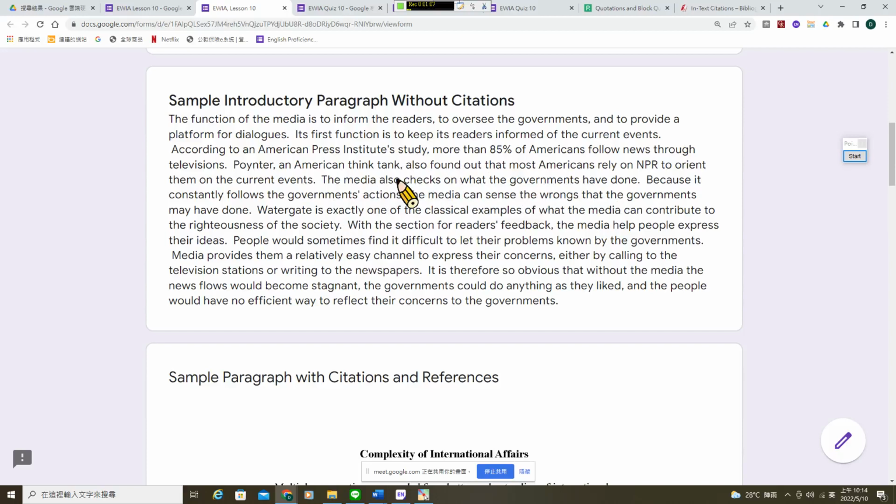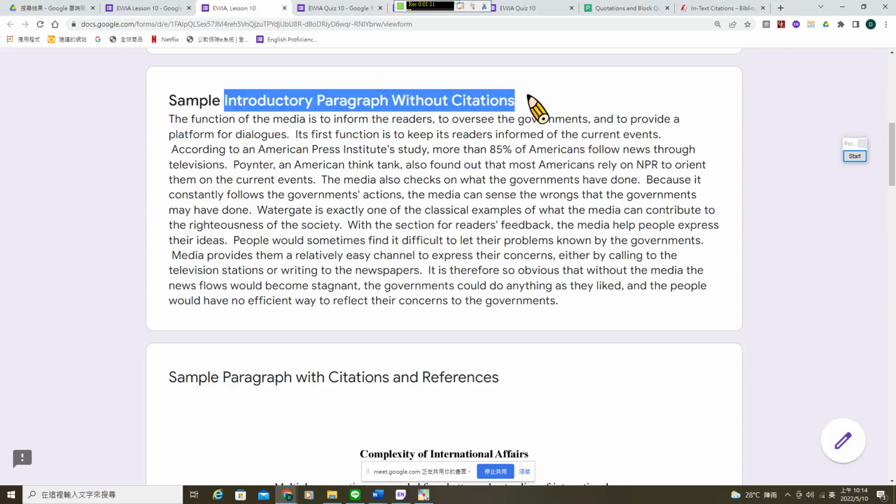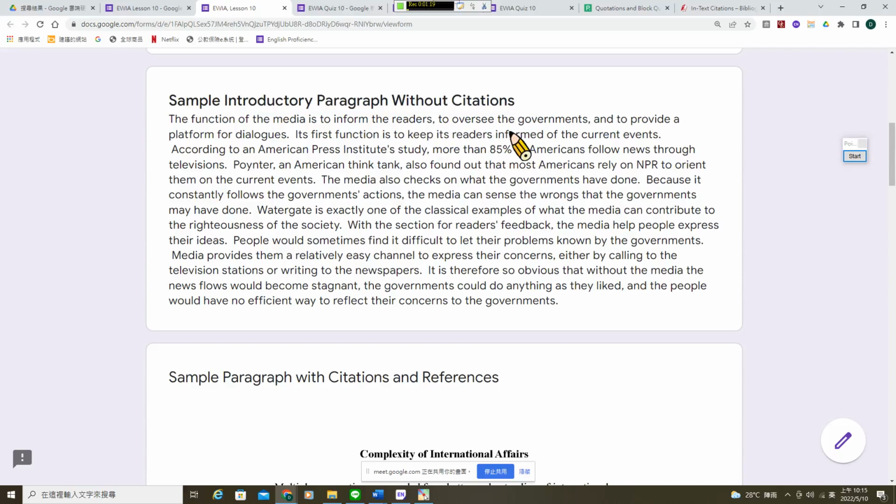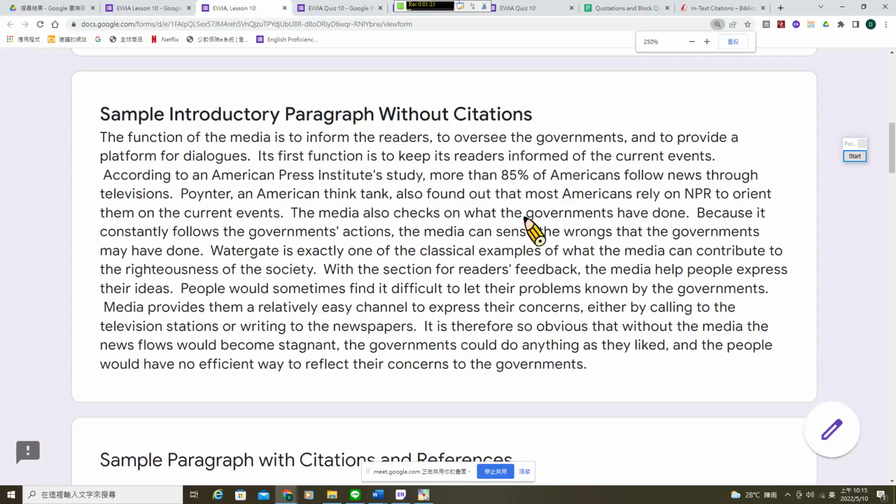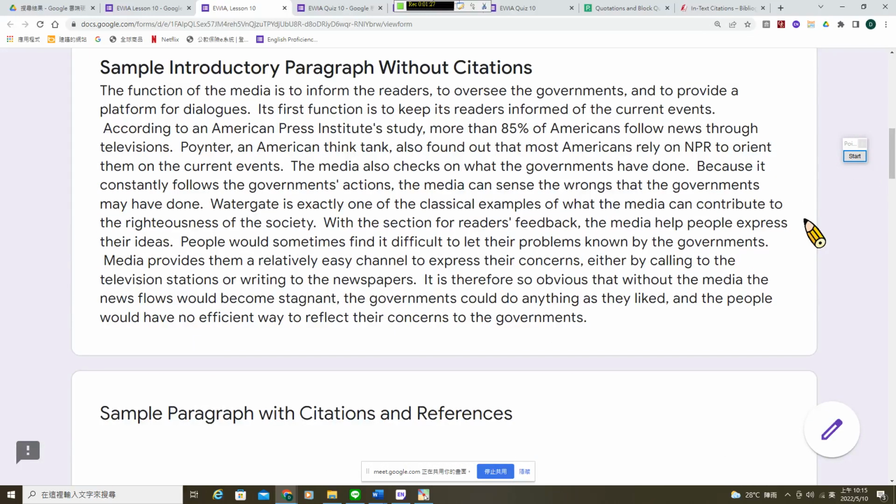For example, this is the introductory paragraph I gave you a few weeks ago, and this is without citations. So let's look at why we need citations. First of all, let's try to identify the structure of the paragraph.